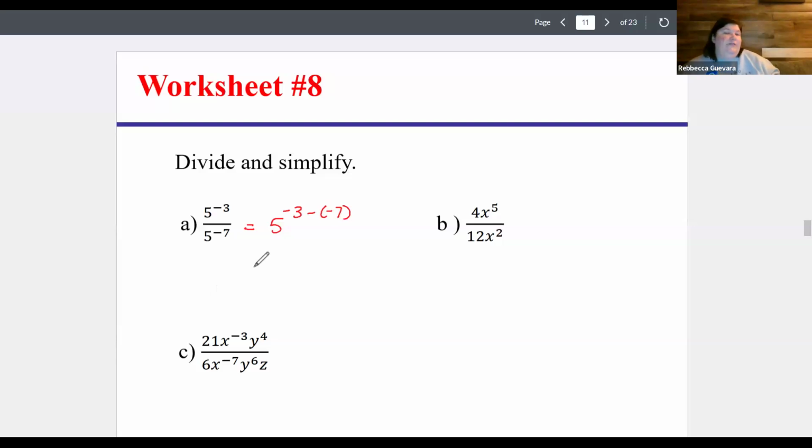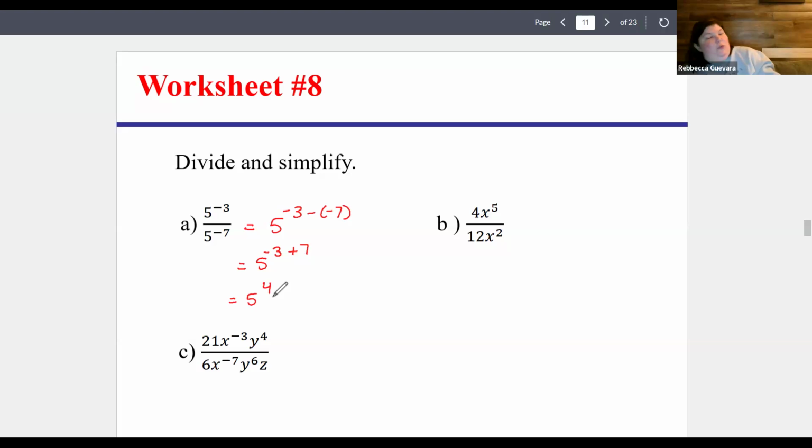So here I have 5 to the negative third divided by 5 to the negative 7. So that is 5 to the negative third minus negative 7. Or this is 5 to the negative third plus 7, which is just 5 to the fourth.